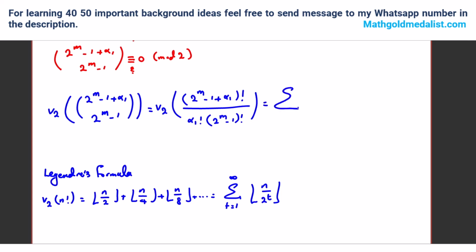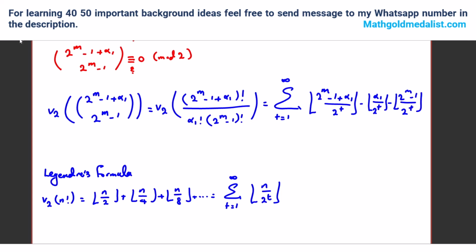It is the sum, from t equals 1 to infinity, of floor of 2 raised to m minus 1 plus alpha 1 over 2 raised to t, and then minus floor of alpha 1 over 2 raised to t, minus floor of 2 raised to m minus 1 over 2 raised to t. Exactly.